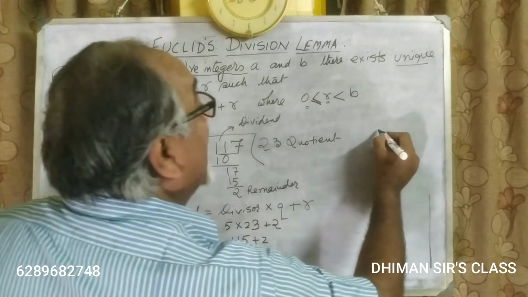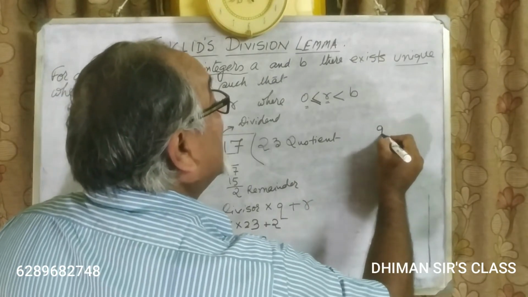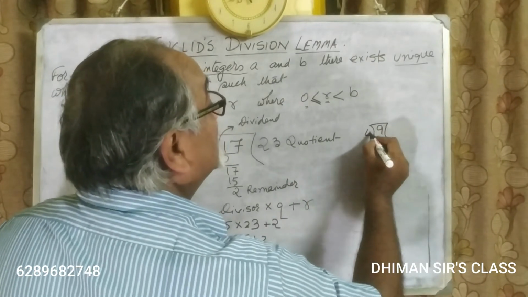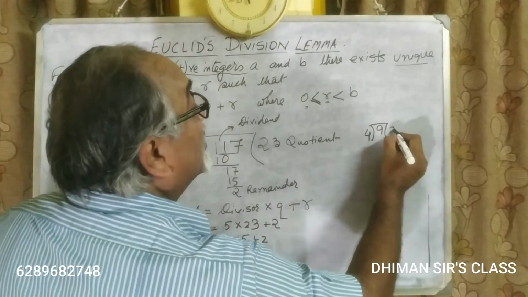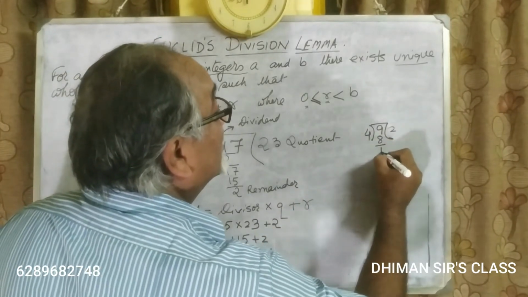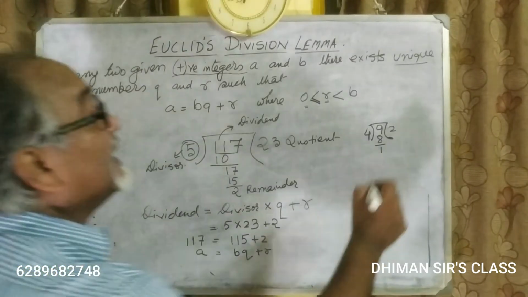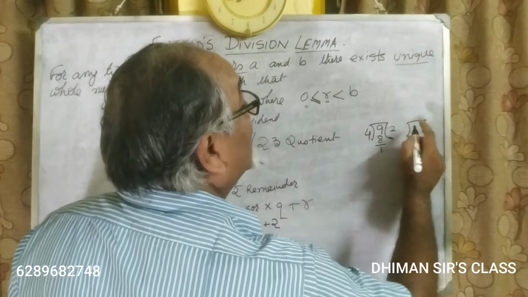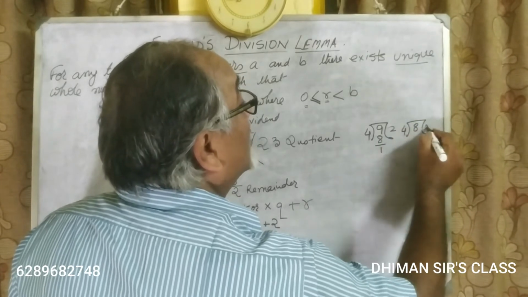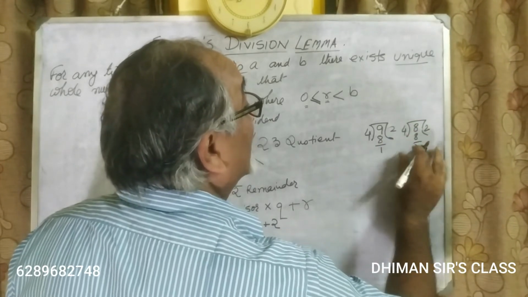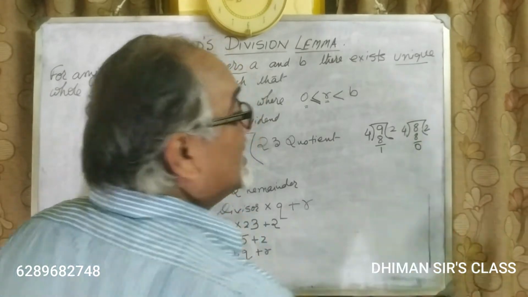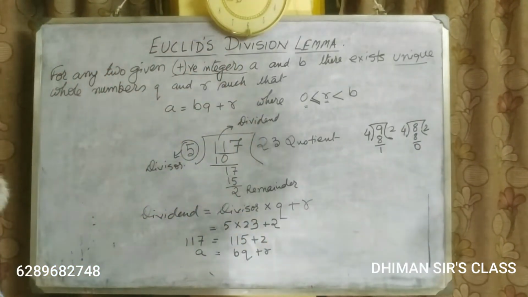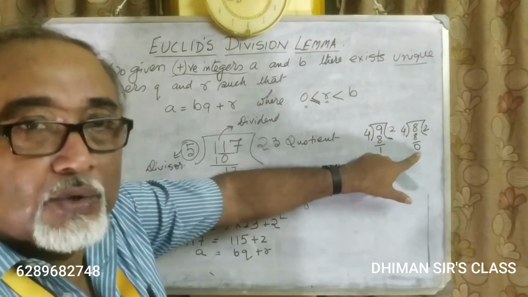Means, suppose I divide 9 by 4. 4 2s are 8. 1. But if I divide 8 by 4, 2s are 8. Here the remainder is 0. So see, remainder can be 0.